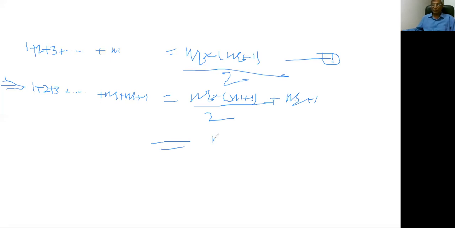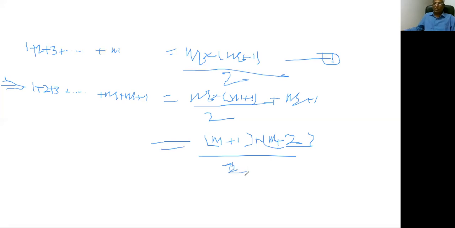Then this is converted into the form (m plus 1) into (m plus 2) divided by 2.